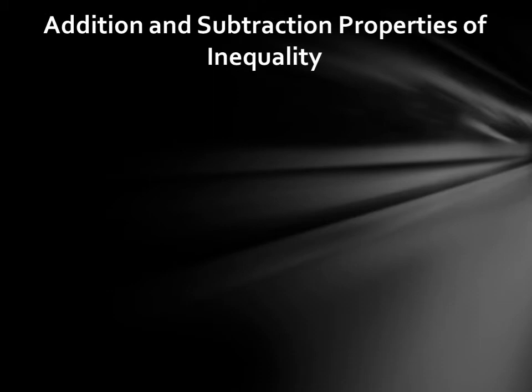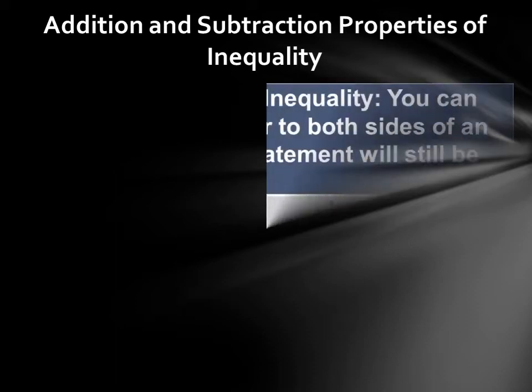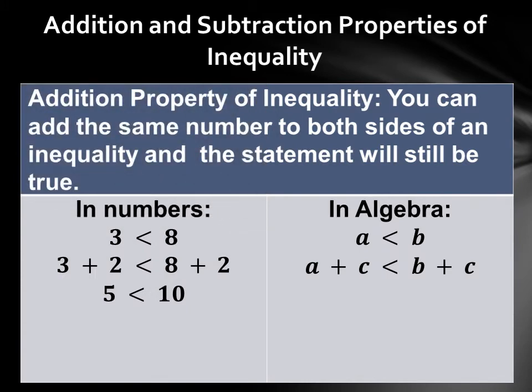The properties of inequality. First, we have the addition and subtraction property of inequality. We have the addition property of inequality. You can add the same number to both sides of an inequality and the statement will still be true. In numbers, if we have 3 is less than 8, if we add 2 to both sides, it becomes 3 plus 2 is less than 8 plus 2.